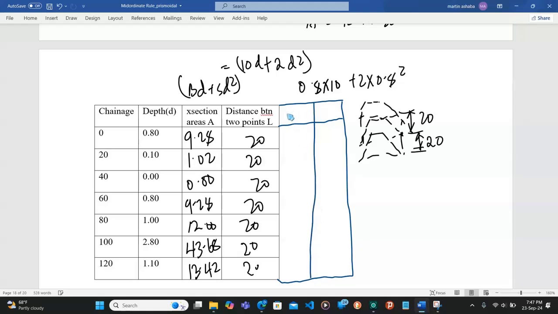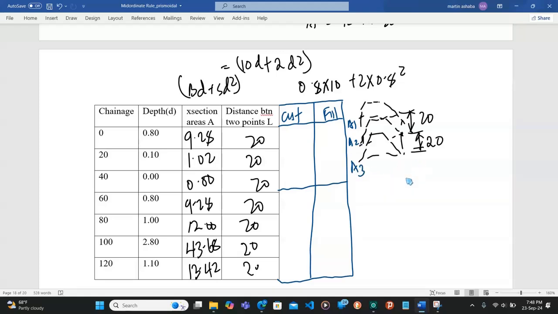Here we are going to look at which one is a cut. Remember, we had a cut and a fill. So we said we had area A1, A2, A3. When we reach here at 0, 0, this is going to be our area A1. Then we have A2, we have A3.